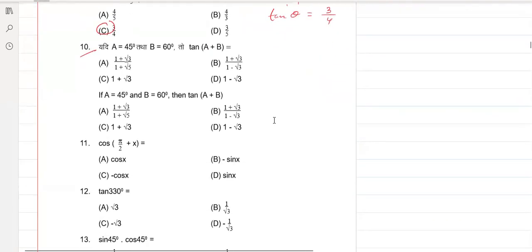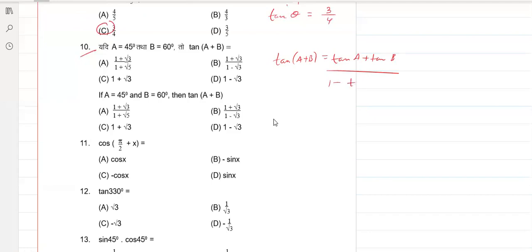In question 10, what we have here is A is equal to 45 degrees, B is equal to 60 degrees, then tan A plus B. Right, so guys, there's a formula for tan A plus B. So tan A plus B is equal to tan A plus tan B divided by 1 minus tan A times tan B. Very important to know the values of tan 45.